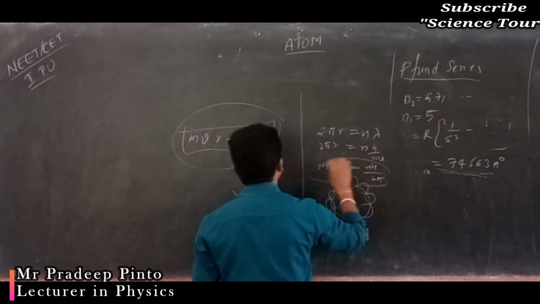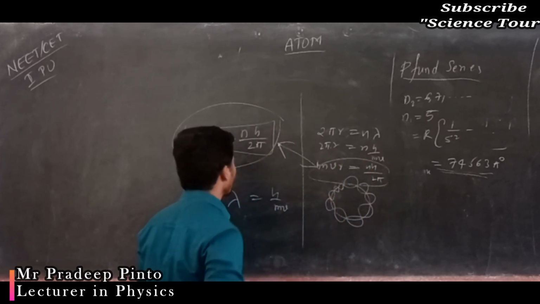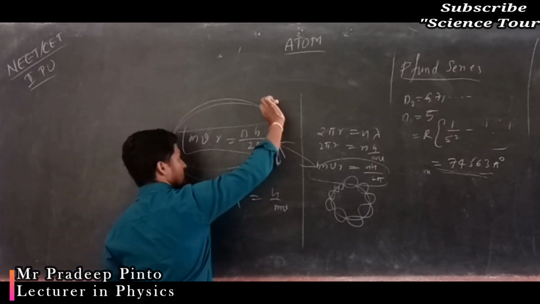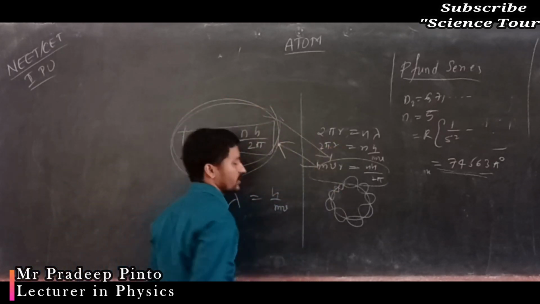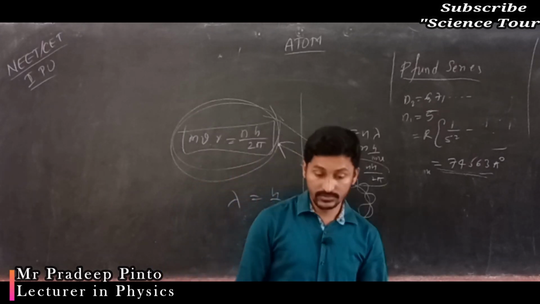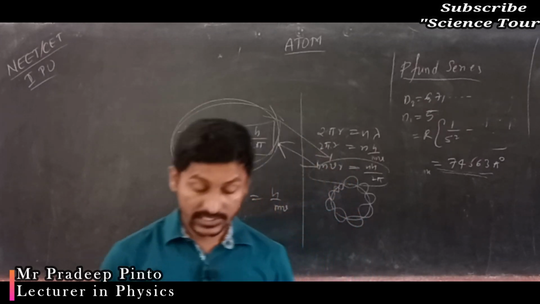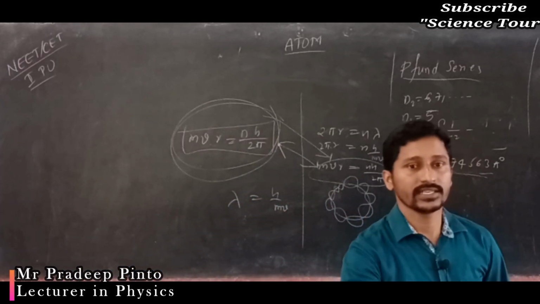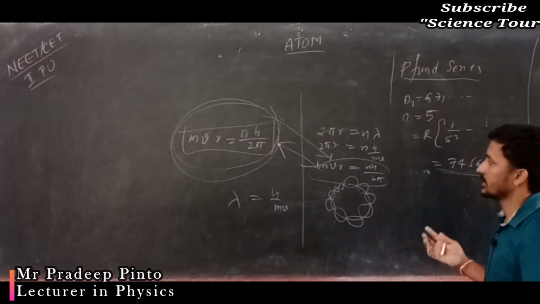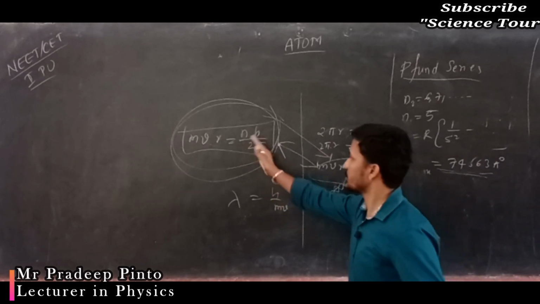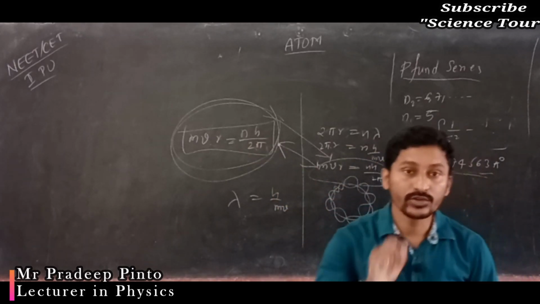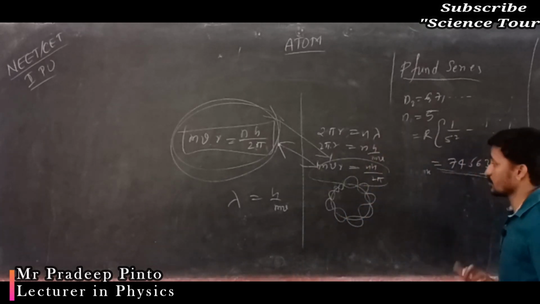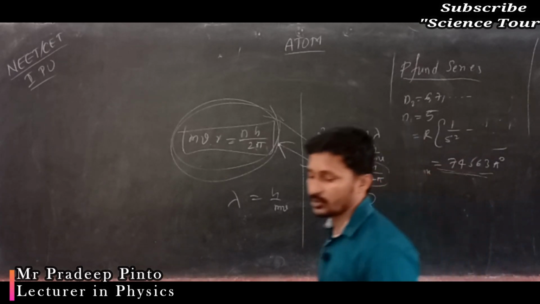This is the equation given by Niels Bohr, verified and explained by de Broglie, because Niels Bohr himself did not know how he got that equation, nh by 2 pi, while doing the calculation. Later de Broglie gave the explanation.